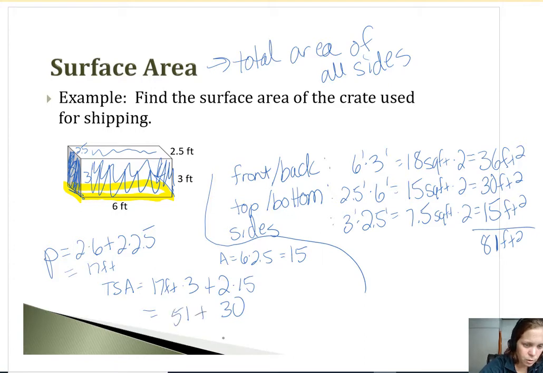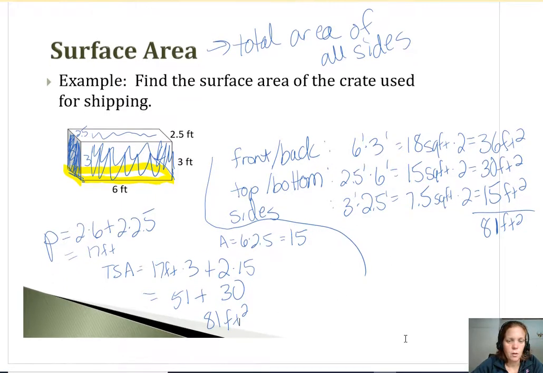So 51 and 30, 81 again. We get it the same way. So just a little different way of looking at it with the formulas. We don't have to do both of these ways, but that's just 2 different ways of looking at these.